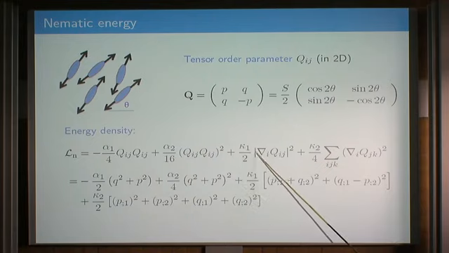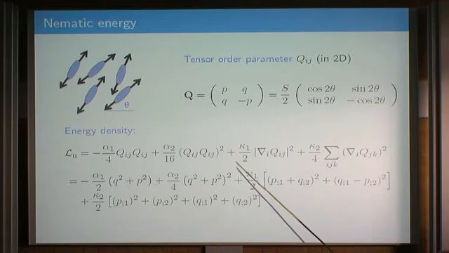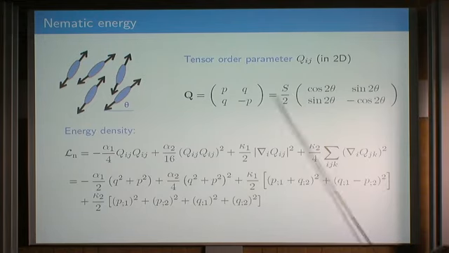Here nematic elasticity is independent of orientation, so we can construct only these terms. But it is actually more general than what you see in de Gennes and Prost's book, because here it is very important for us that the scalar order parameter should also change, because we are interested in spontaneous formation of polarization.